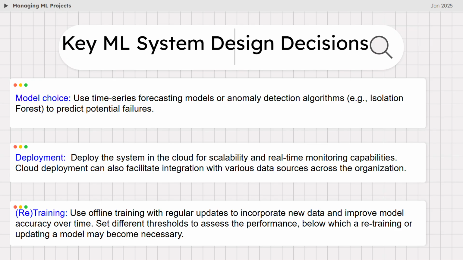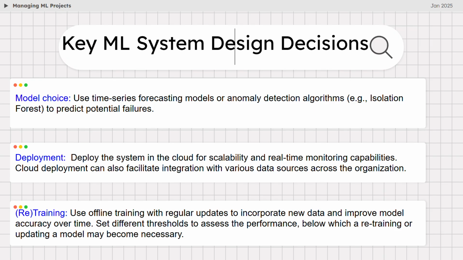Training. We'll use offline training with regular updates to incorporate new data and improve model accuracy over time, so it's continuous learning. We would also set different thresholds to keep monitoring the model performance.